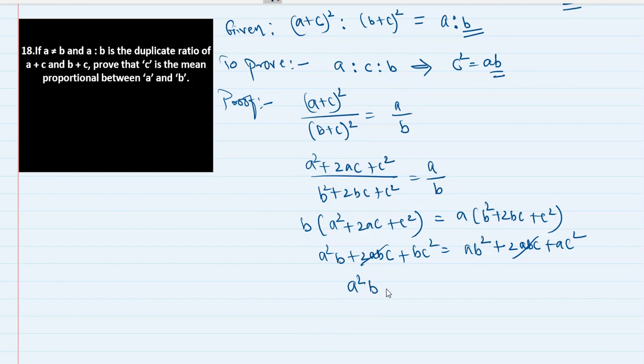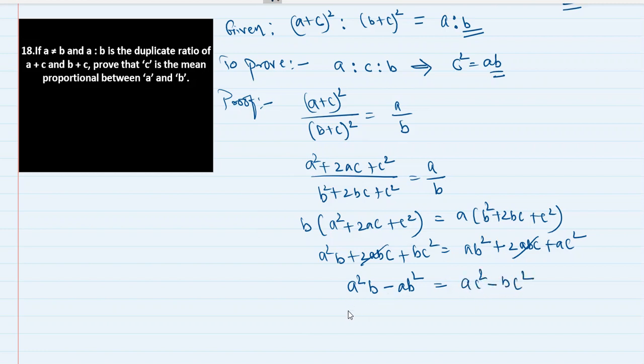So A square B minus AB square is equal to, so B got multiplied over here, A got multiplied with this, and here we get BC square is AC square minus BC square. Great.